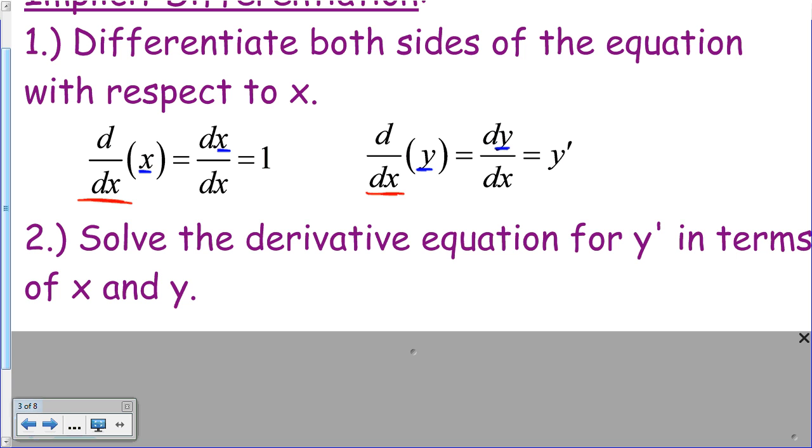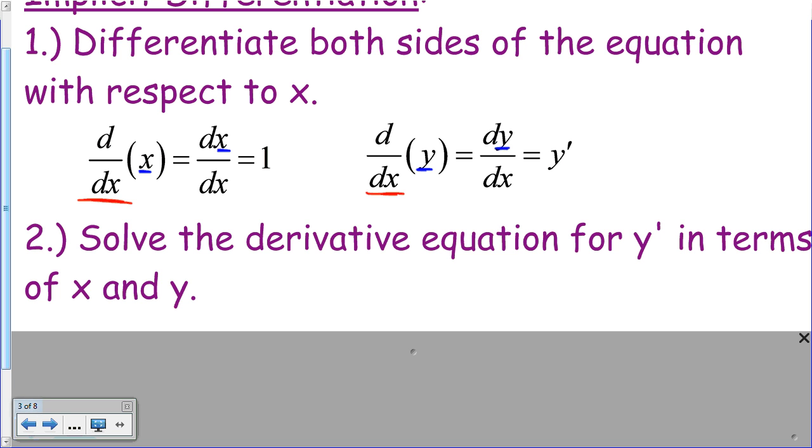So the next step is to solve the derivative equation for y prime in terms of x and y. In other words, just like you've worked with algebraic equations all the way back to algebra, where you had some unknown in there, in our case it's going to be called y prime, the way that you solve for that unknown variable is you get all of those variables on one side of the equation, everything else to the other side, do a little bit of factoring, and then solve for your unknown.